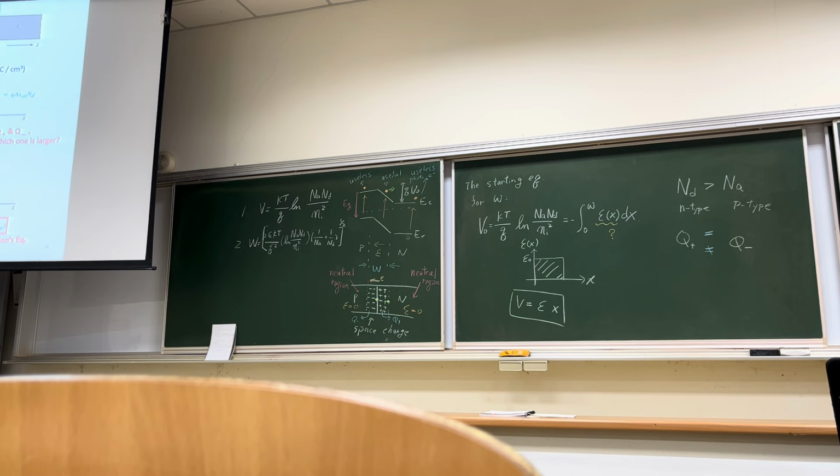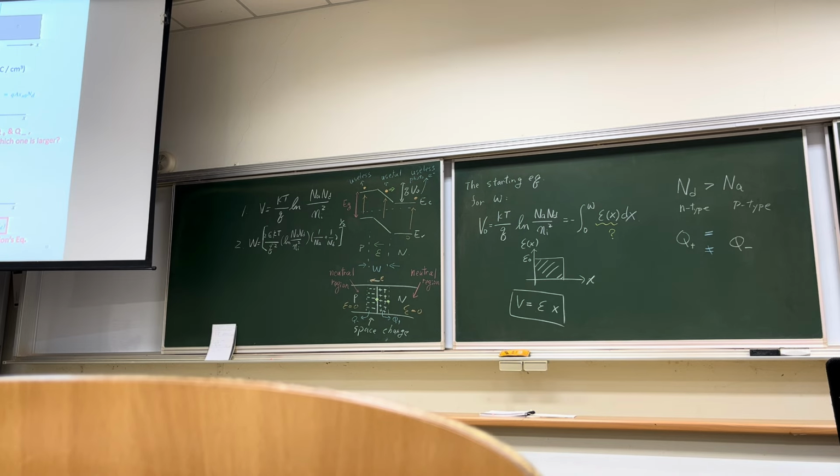So there are no electrons left and no holes left inside the diffusion region. And that's the very reason you have net charge inside the diffusion region: you have no electrons and no holes, right?